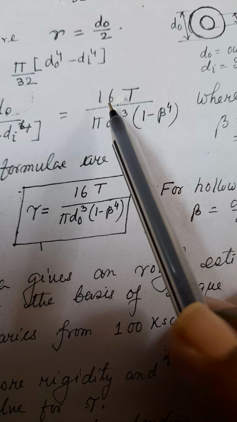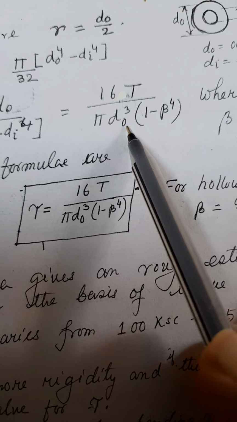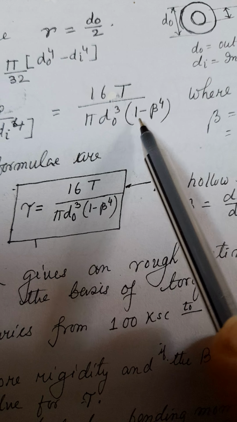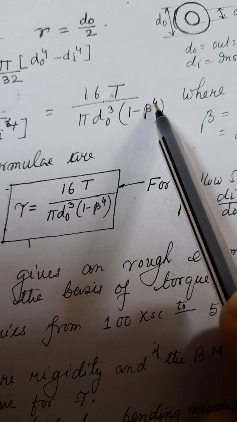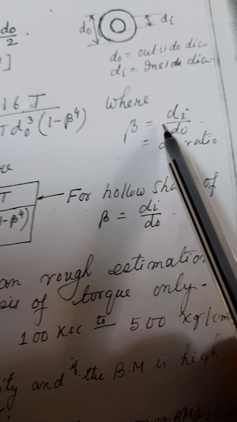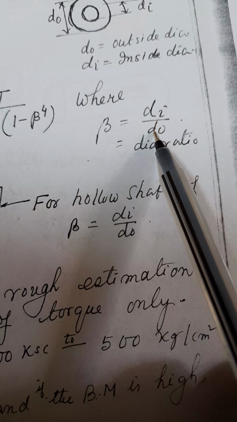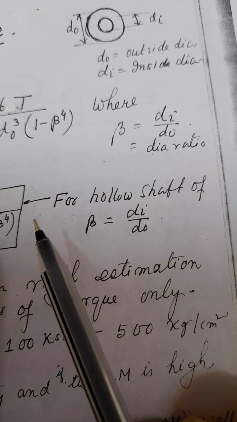If you do it, it will be 16T by pi d naught cubed into 1 minus beta to the power 4. What is beta? It is the ratio of the inner diameter divided by the outer diameter. It is called diameter ratio.